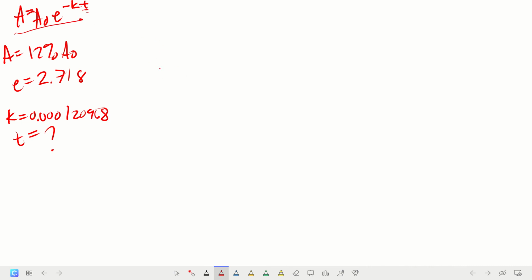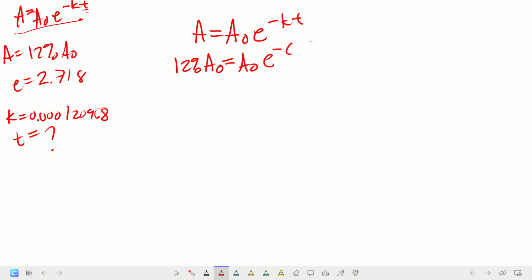So, we have here, sabi natin, A is equal to A sub o times e raised to negative kt. So, since A is equal to 12% of our original, so palitan natin ng 12% of our A sub o is equal to A sub o times e raised to, ano yung value ni k, which is 0.000120968 times t.